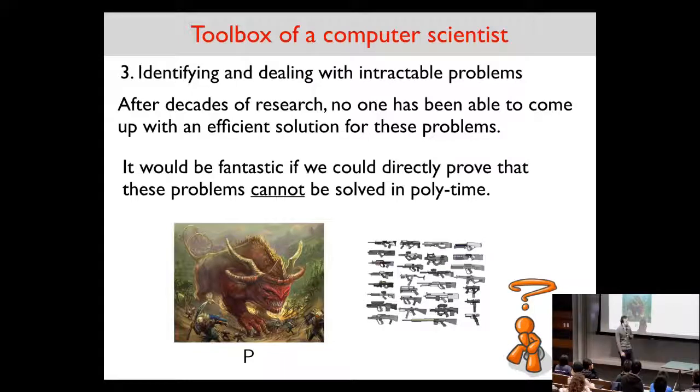And you know, we've tried everything, we've thrown everything at it, and we cannot even scratch the surface of this beast. Okay, we don't even come close to it. So we are clueless about directly proving that it cannot be done in polynomial time.